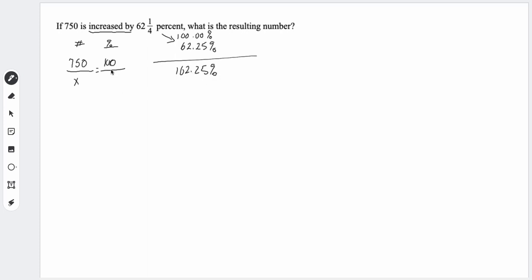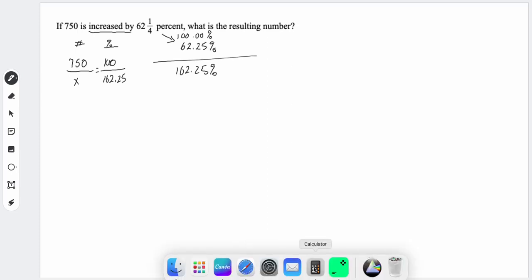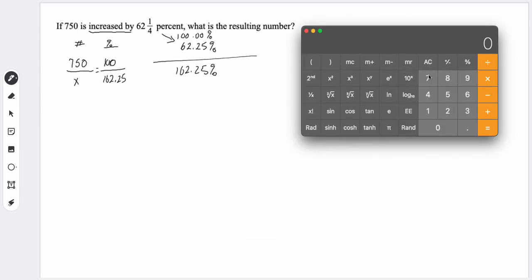So that's what would go here, 162.25. Now we can cross multiply. So we've got 750 times 162.25 gives us 121,687.5.